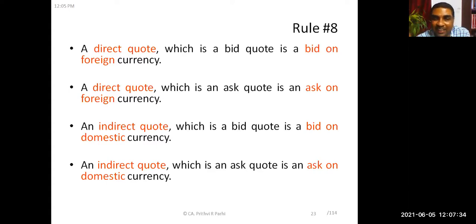So in an indirect quote, if it is a bid quote, it is a bid on the domestic currency. And if it is an ask quote, it is an ask, the selling quote, on the domestic currency. So in an indirect quote, it is the domestic currency which is the commodity bought and sold, but in a direct quote, it's the foreign currency. This concept also you have to remember.